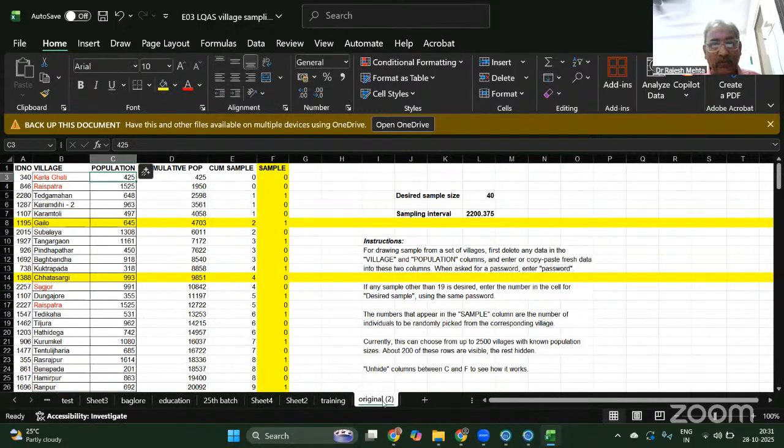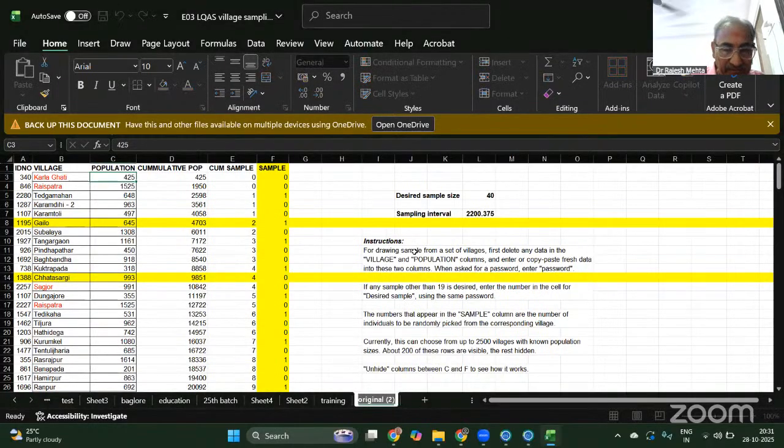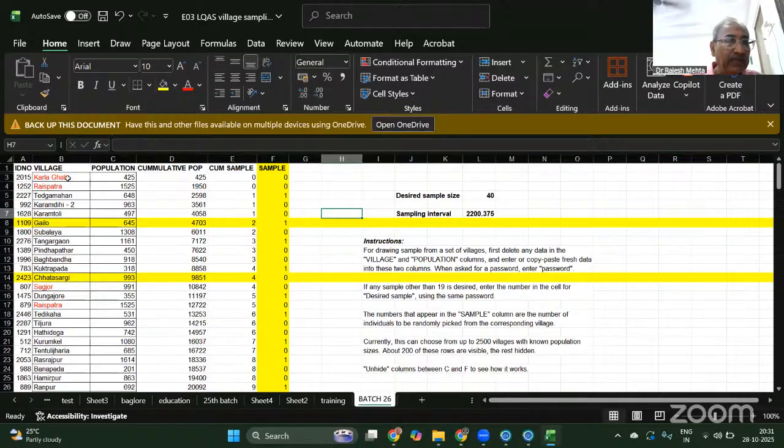Don't try to use the original file. The original file is kept only for the purpose of copying. Otherwise, you may get it deleted. This is batch 626, and we have the data. First, what you should be doing is, you remove all this data.